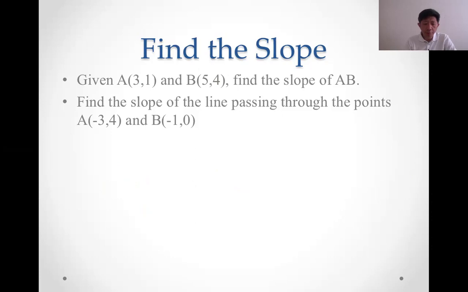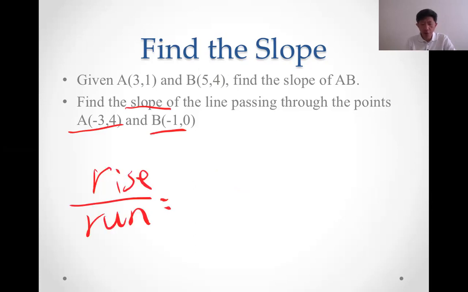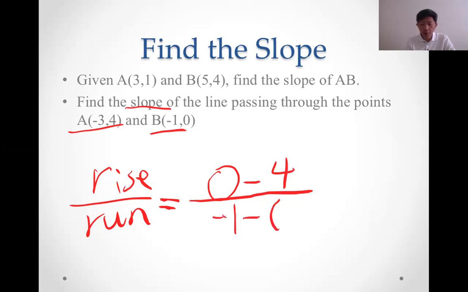Next problem, we find the slope of the line passing through the points. So again rise over run, a ratio. We have 0 minus 4, take 0 minus 4. Now take -1 minus -3. Gotta be careful: minus a negative.